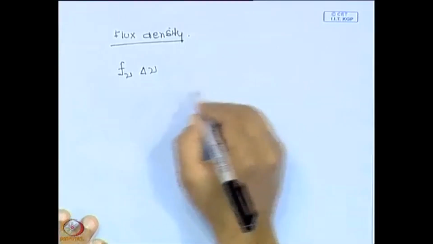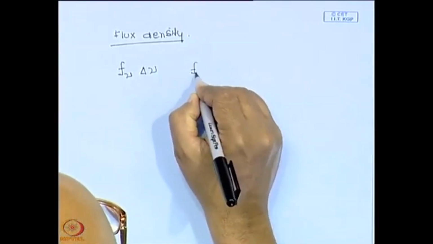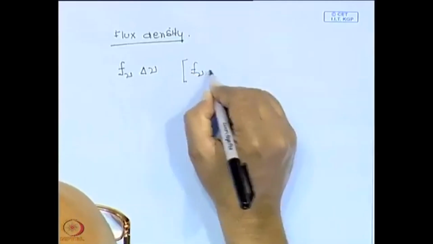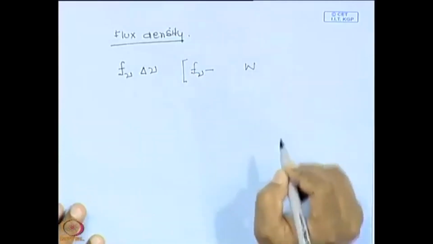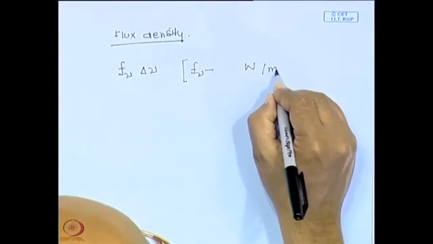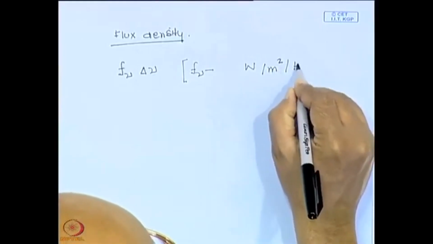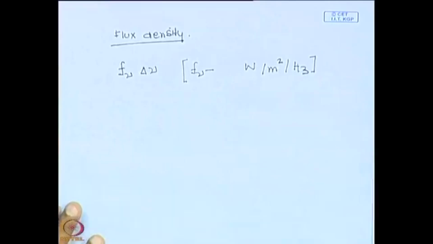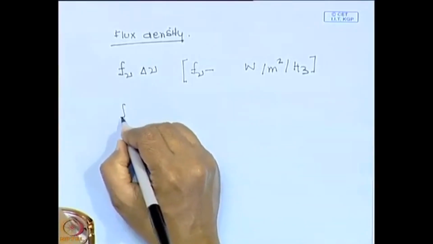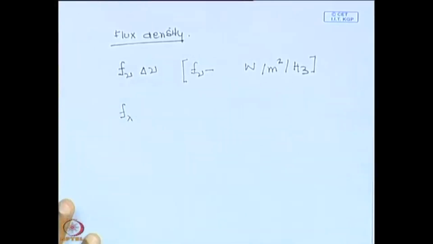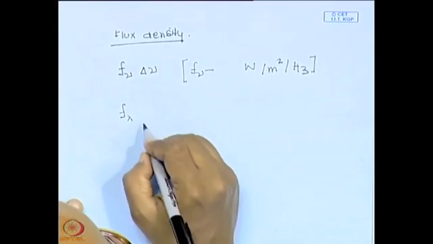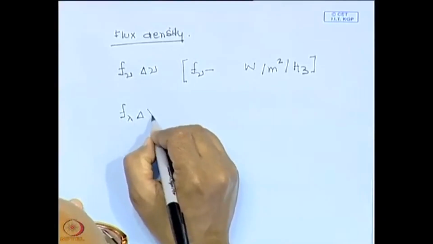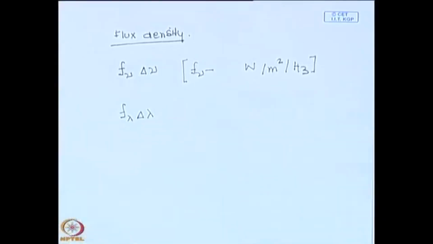So F nu has dimension watts per meter square per hertz. We have already discussed how to describe radiation, or alternatively we could use F lambda, which is defined so that this into delta lambda tells us the amount of energy coming per unit area per second.